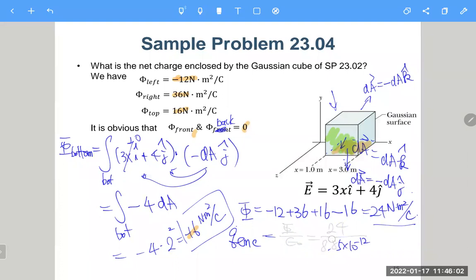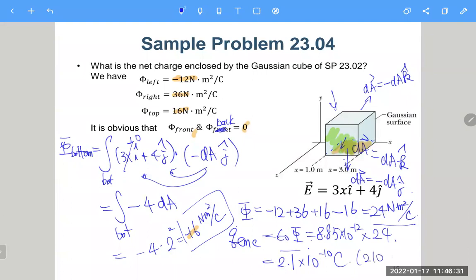I made it the reverse way. So Q enclosed would be epsilon naught times phi. I made a mistake here. So it should be 8.85 times 10 to the minus 12 times 24. So the answer should be 2.1 times 10 to the negative 10 Coulomb, or you can write it as 210 picocoulomb.